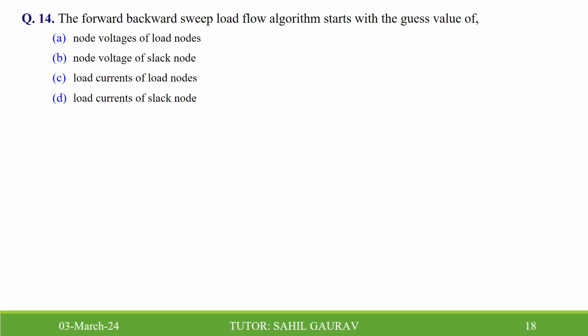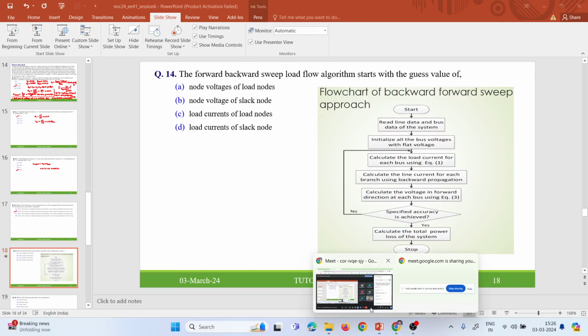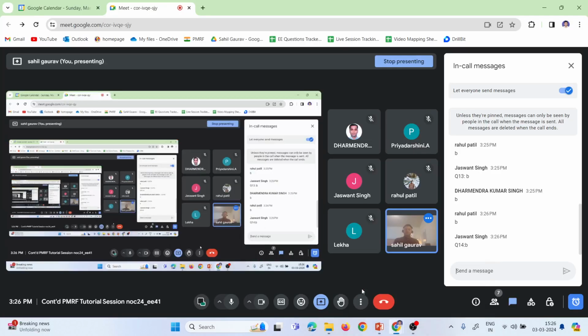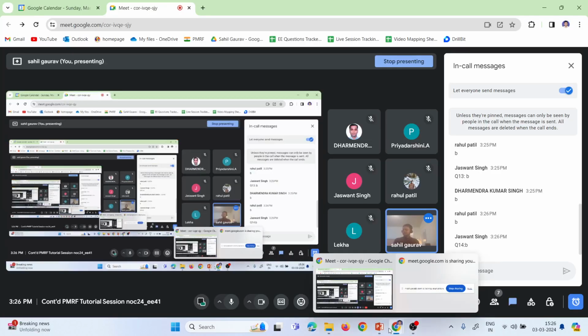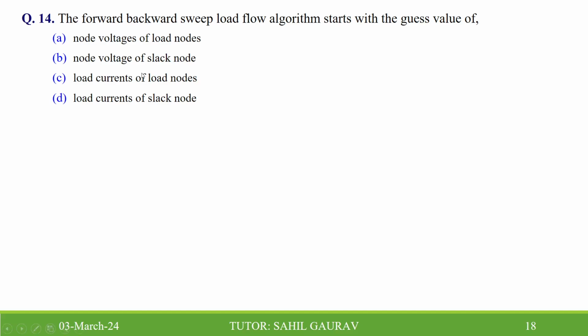So what should be the correct answer? Anyone know the answer for this problem? Option B, node voltage of slack node.